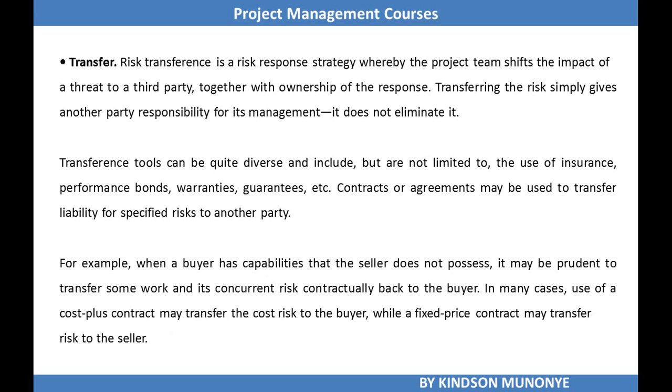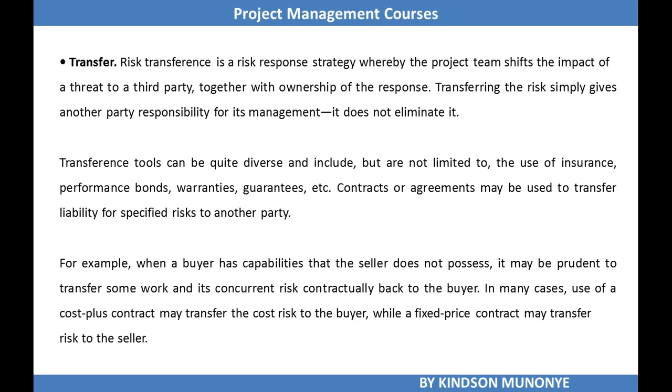We also have another strategy for negative risks or threats, that is transfer. It simply means you shift the impact of the threat to a third party. Okay, you simply give another party responsibility for managing this risk. So this risk, you are not avoiding it, you are not eliminating it, it is there, but it's now somebody else's responsibility. Transference tools can be quite diverse. It may be the use of insurance, performance bonds, warranties, guarantees.